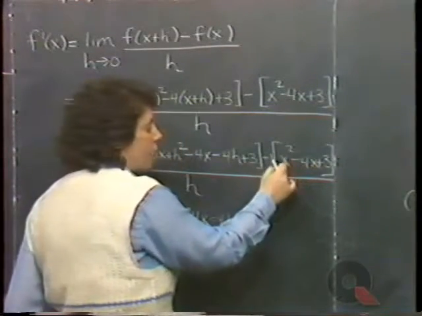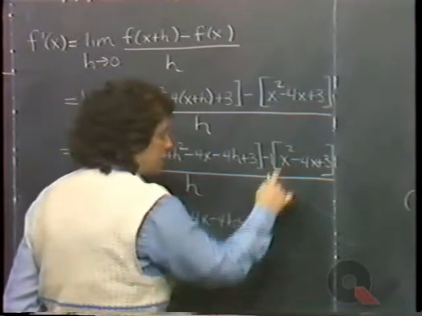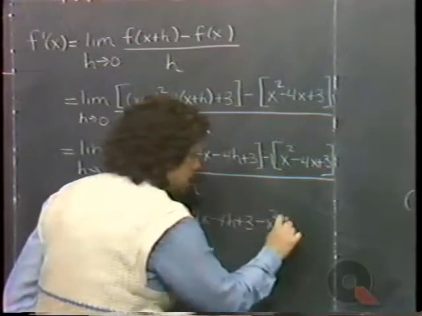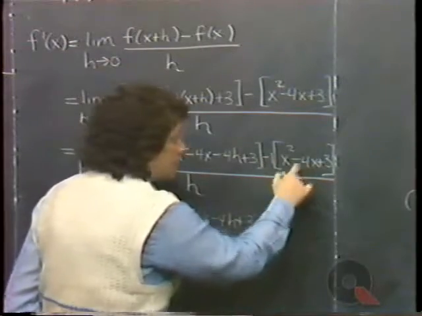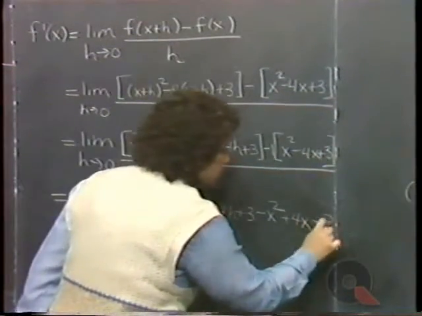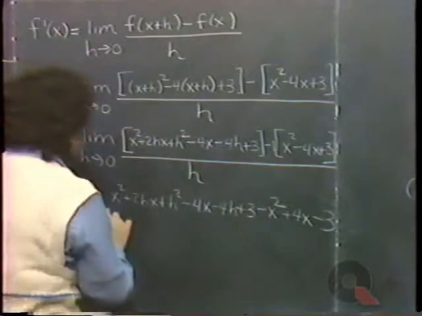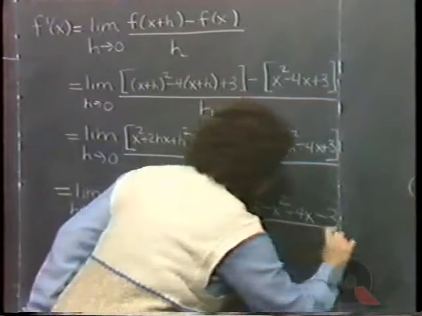In other words, the sign of each term here has to be changed. It's minus 1 times x squared, that's minus x squared. Minus 1 times minus 4x is plus 4x, and then minus 3. The minus has to be distributed through the parentheses, all over h.